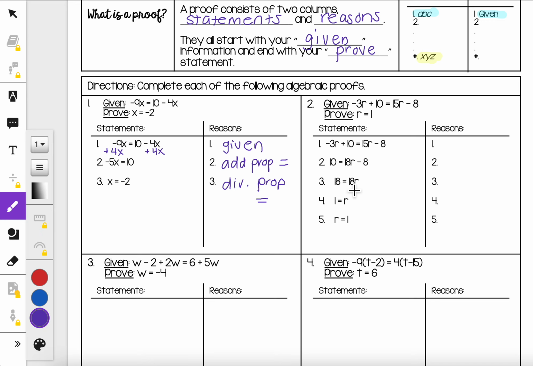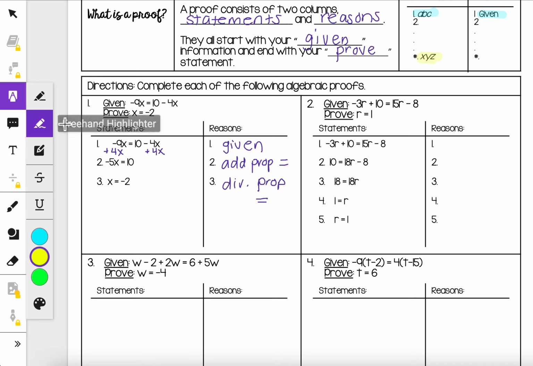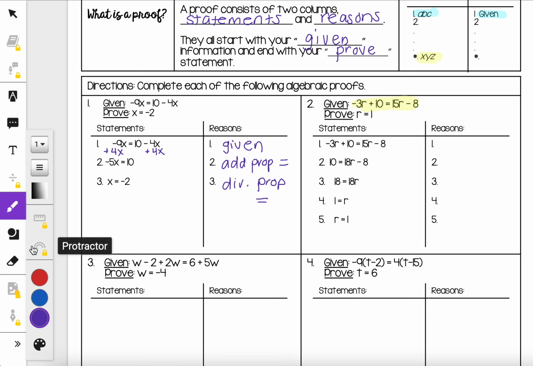For number 2 over here, it's the same thing. We have our given statement: negative 3r plus 10 equals 15r minus 8, and we want to try to prove that r equals 1. There are a lot of different ways that you can solve an equation. If your statements are given to you, you have to go in that order, even if you would do something slightly different.